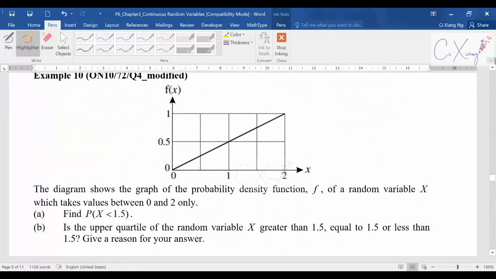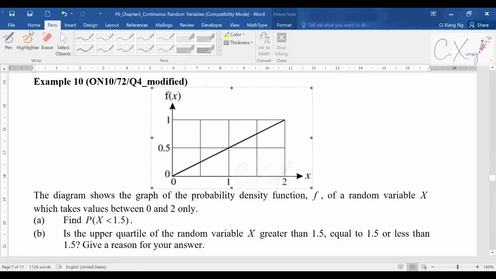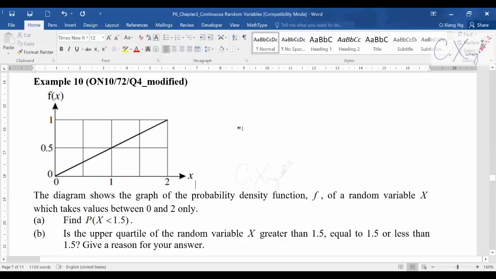If you continue with all the examples and discussion that we tried just now, you will see that they actually give you the function itself, the formula, everything. But sometimes they won't give you the function, like example 10.